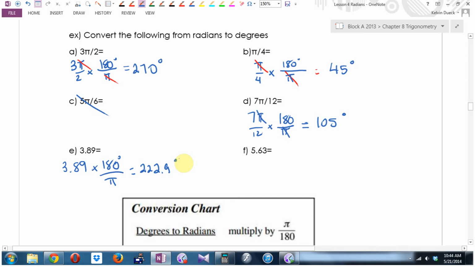So try converting 5.63. Try that one on your own.